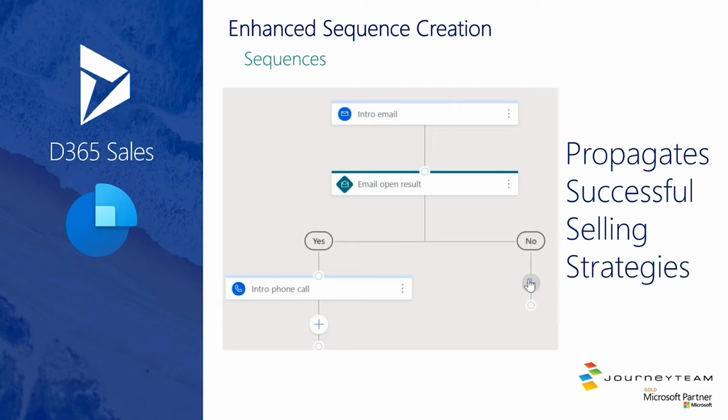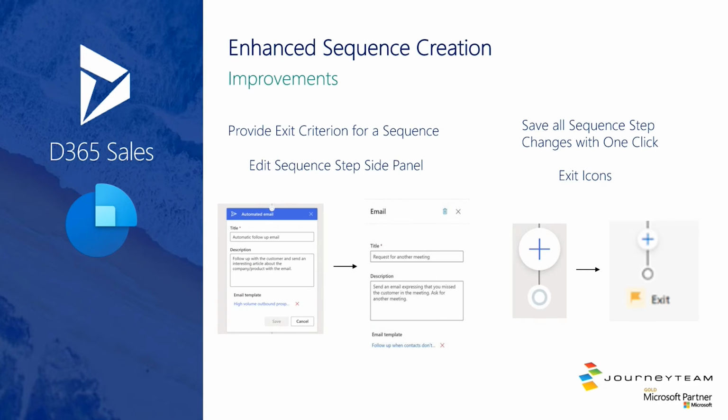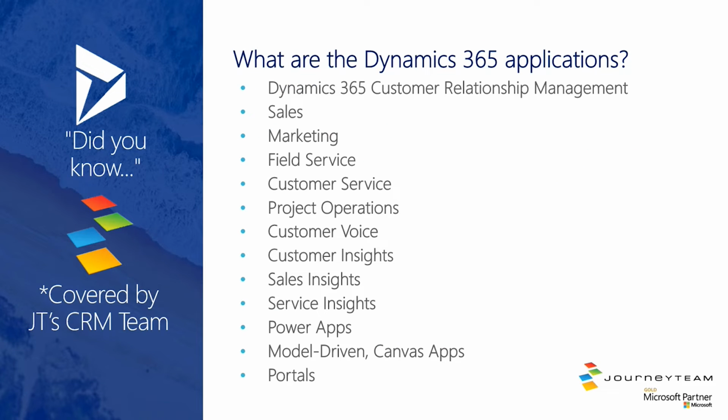There currently is the sequence if you have a Sales Premium, you can create sequences right now. And this is the enhanced sequence creation portion of it. So kind of looking forward to seeing how this can improve in the use cases that'll come from it. So those are some of the big things for Dynamics and with the enhanced sequence creation.